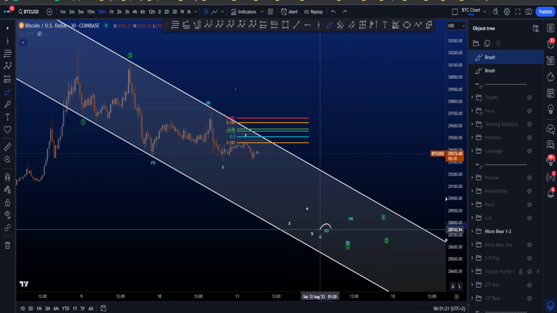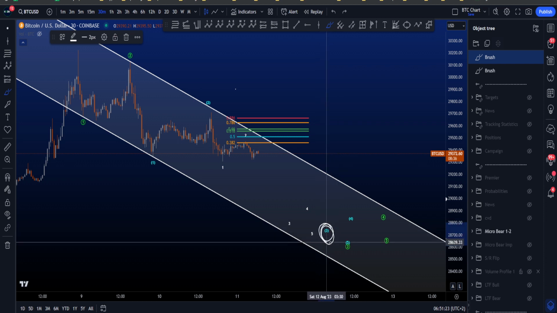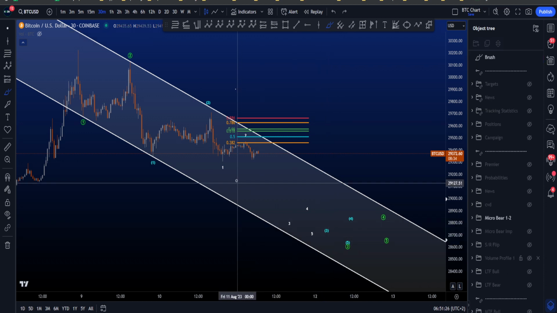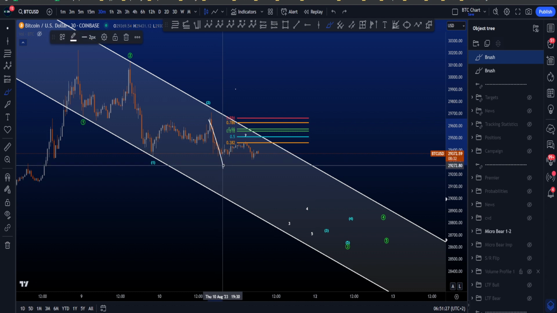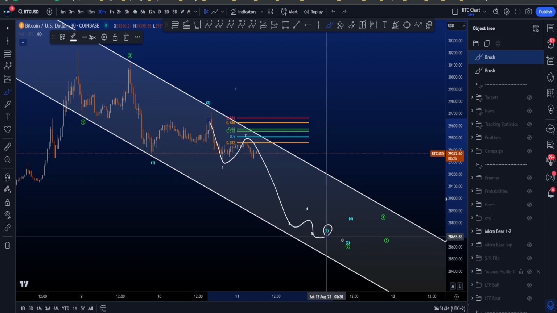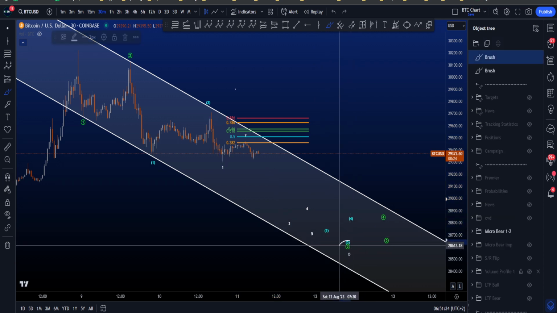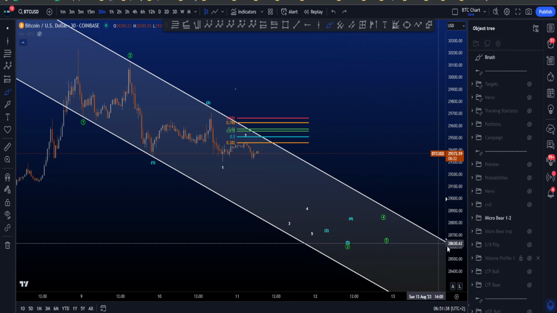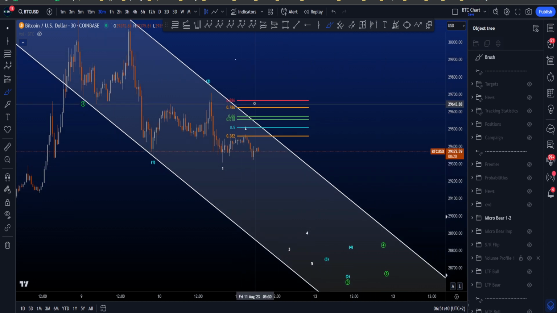And inside the blue 3, we have a white count being 1, 2, 3, 4, 5. When the white count is finished, we finish blue 3 and then eventually blue 4, 5 to finish green 3, 4, 5 to finish eventually the whole green count to the downside.